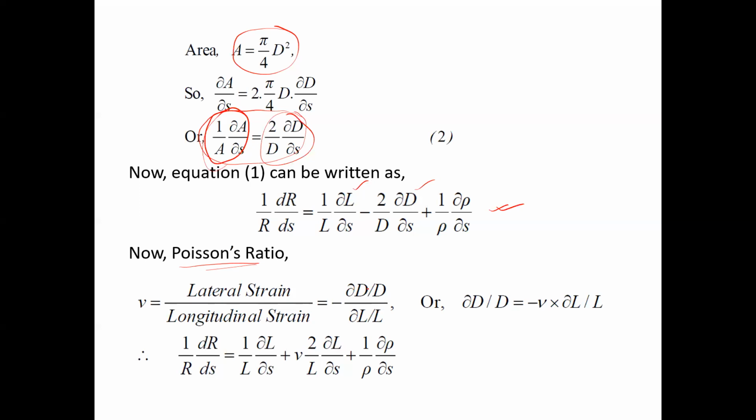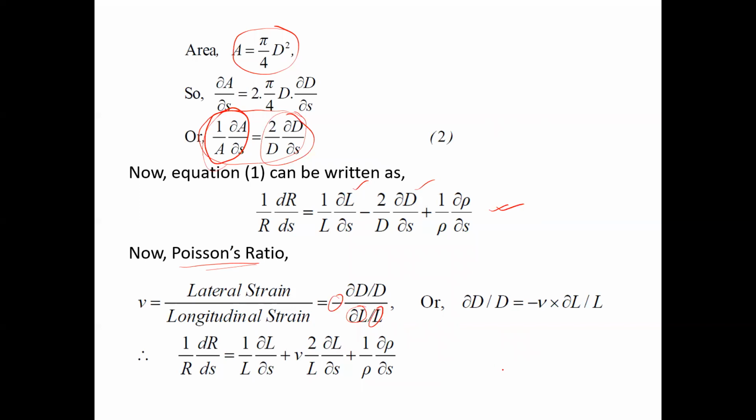The lateral strain, which is causing the change in the diameter, can be termed as delta D by D. So delta D is the change in the diameter, and D represents the initial diameter. And as this change is negative, we have to put this negative sign. The longitudinal strain can be defined as the ratio between the change in length to the initial length.